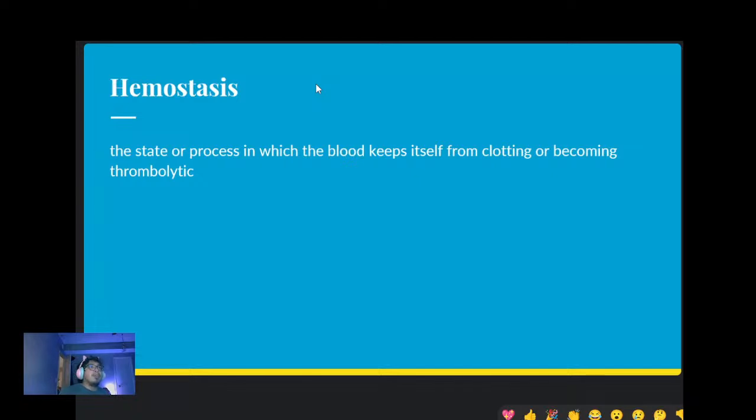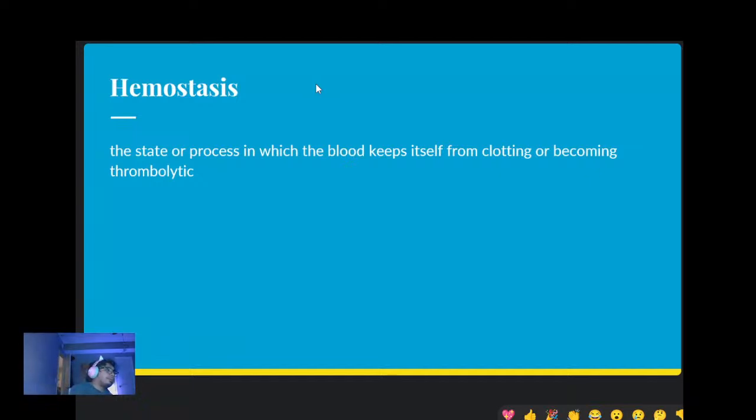It's different from homeostasis, okay? Homeostasis is the state of being, I think, healthy or something. There's a biological definition of that one. But when we're talking about hemostasis, it has something to do with keeping the blood in, okay? But not clotting long enough for the blood to stop a bleed and repair tissue itself.